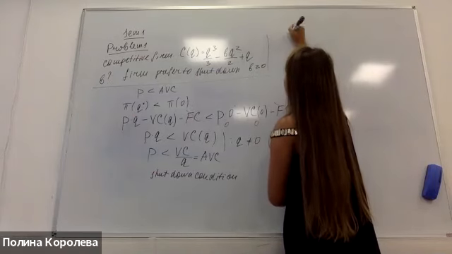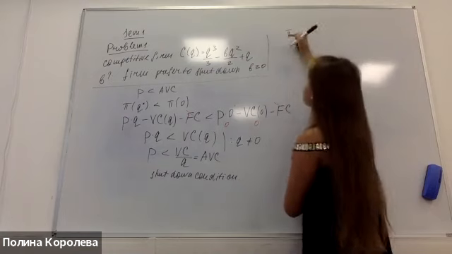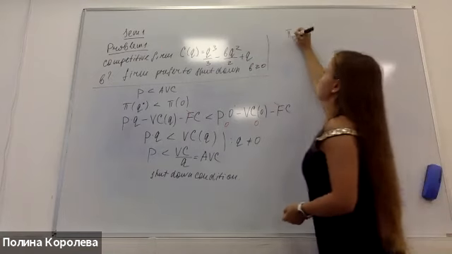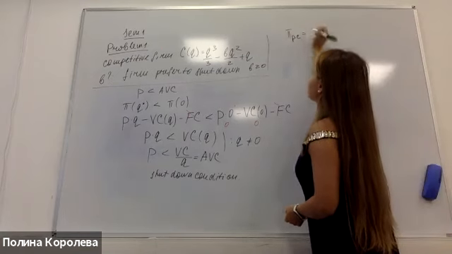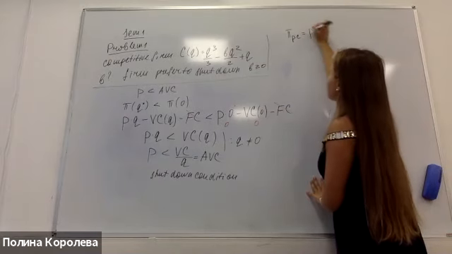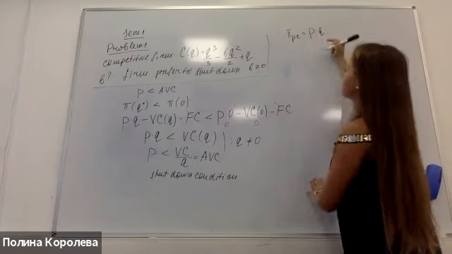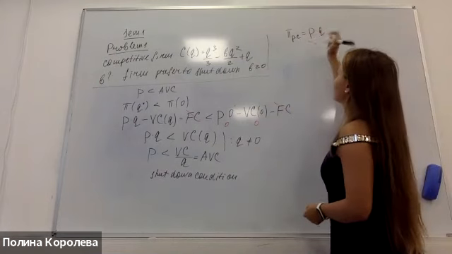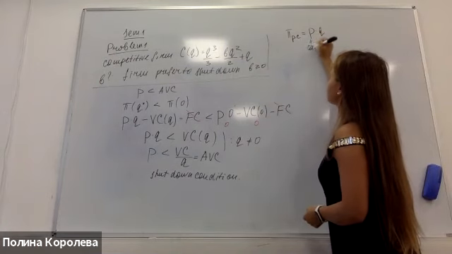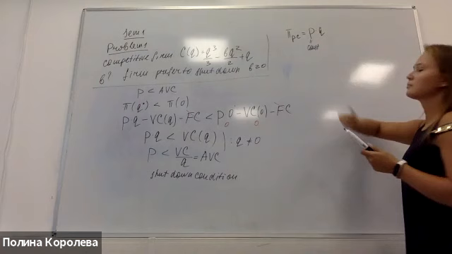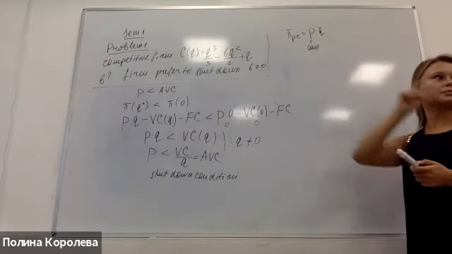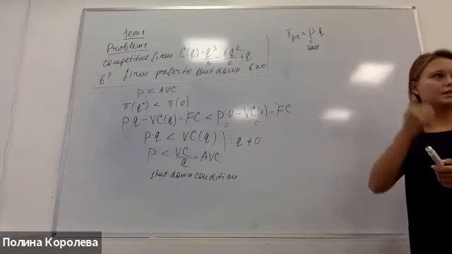Each firm maximizes its profit. I write the profit of a perfectly competitive firm equal to price multiplied by quantity. This is total revenue. Price is constant because our small firm is a price taker.